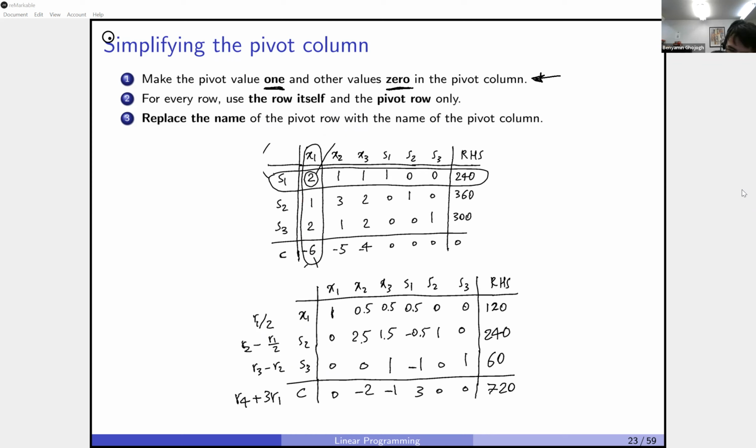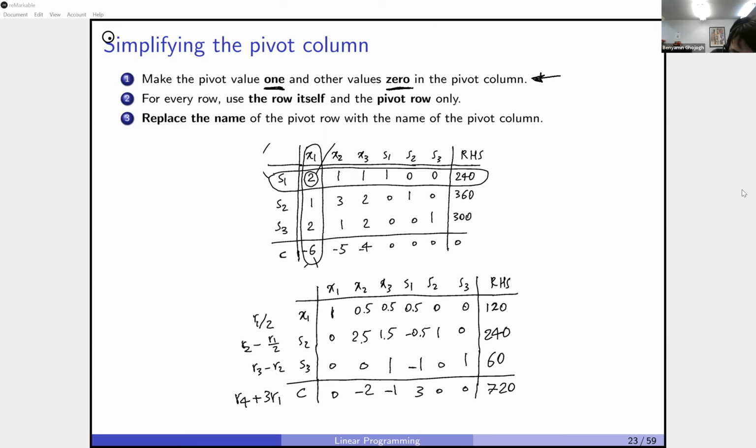We should do some calculation that always uses whatever row you are in and the pivot row, using a linear combination of these two rows. If you are in the pivot row, make that 1, otherwise make that 0.